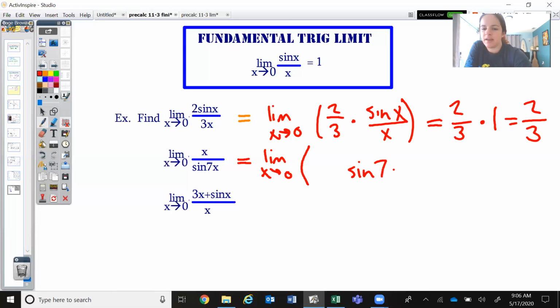I'm going to put sine 7x there, and I know that I could use the fundamental trig limit if this was not just x, but if it was 7x, because I would have the sine of 7x and 7x above and underneath each other, and so I could use the fundamental trig limit for that.